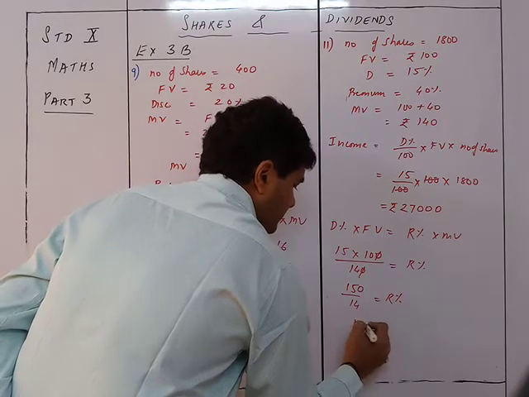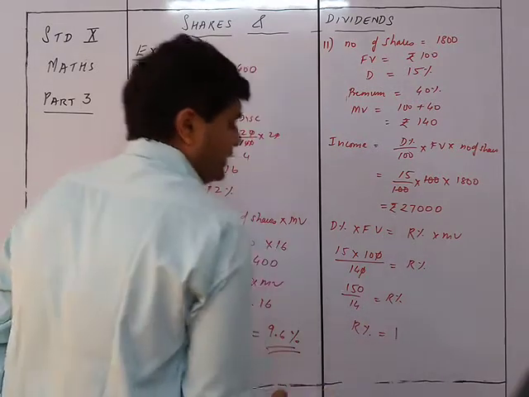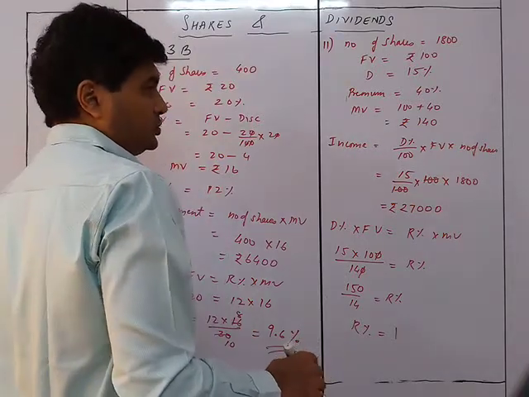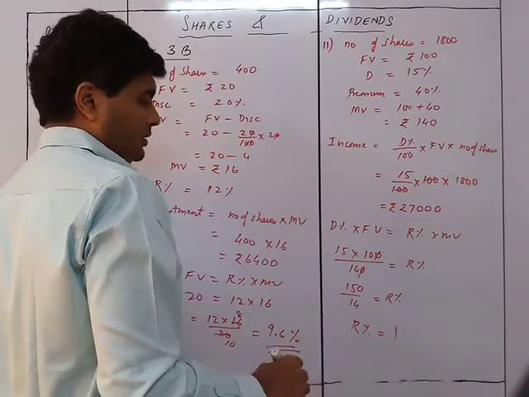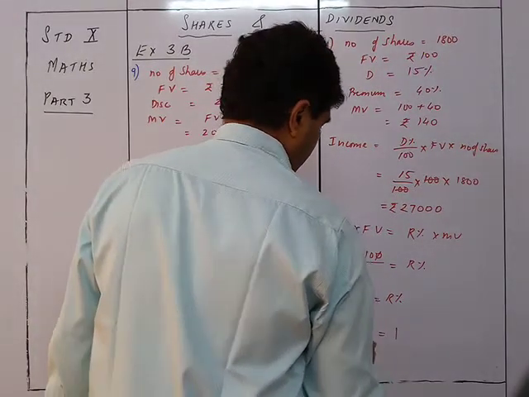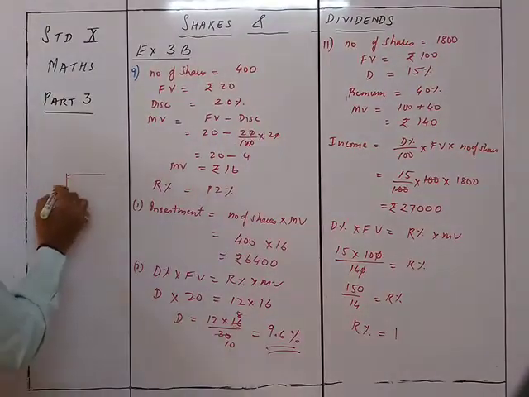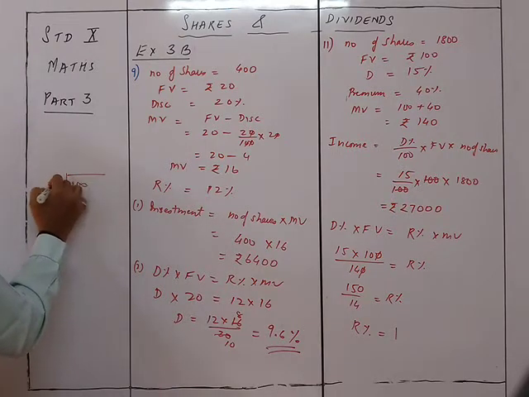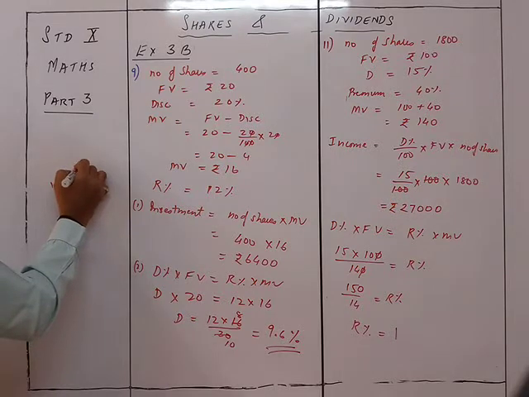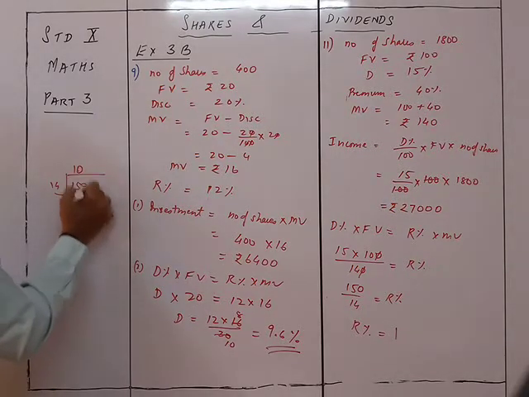So it will be around 10 point something, let's check it out. 14 into 10 is 140, so it will be 0 and then a point.